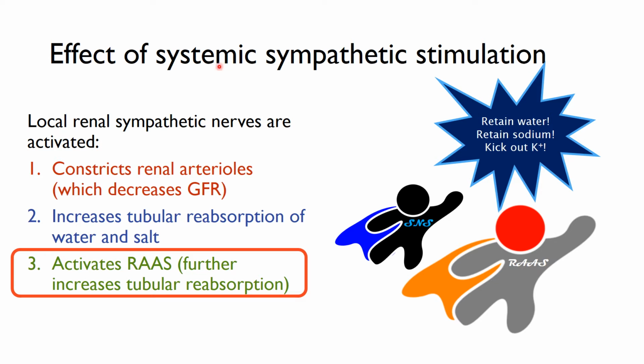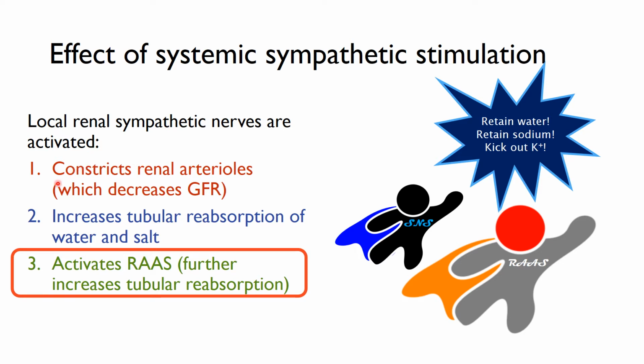Now, systemic sympathetic nervous system stimulation can then go on and activate the local endogenous renal sympathetic nerve endings. And when that happens, three big effects occur. First, there is a vasoconstriction of the renal arterioles, and I'll go into more detail on that in a few more slides, the net effect of which results in a decrease in glomerular filtration rate.